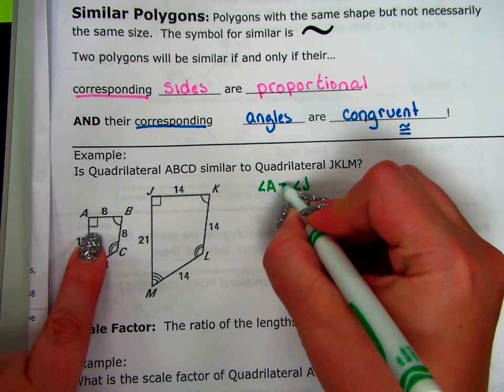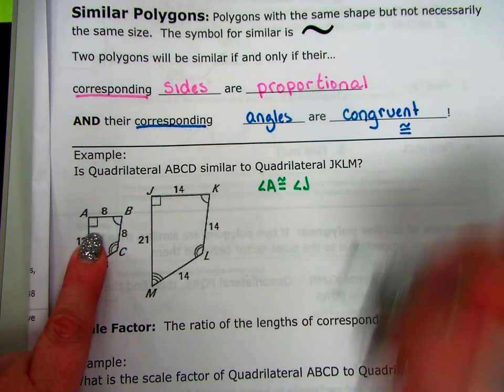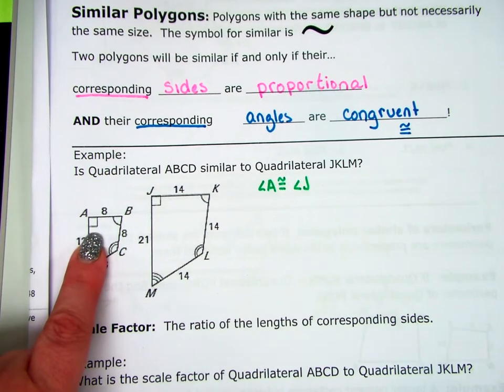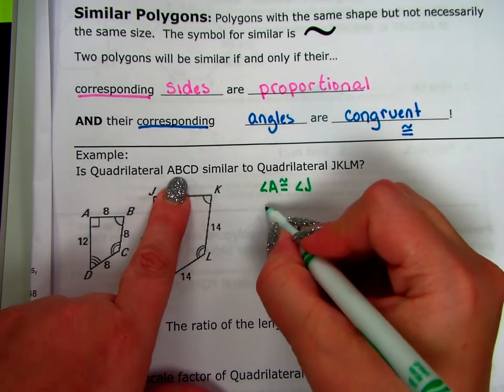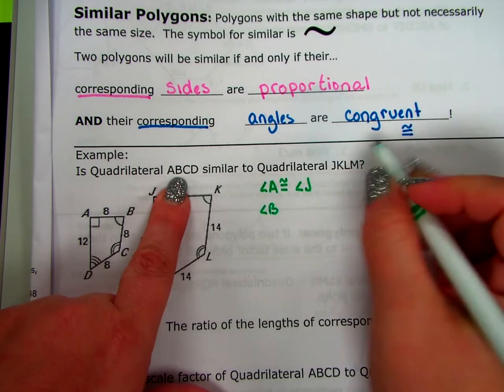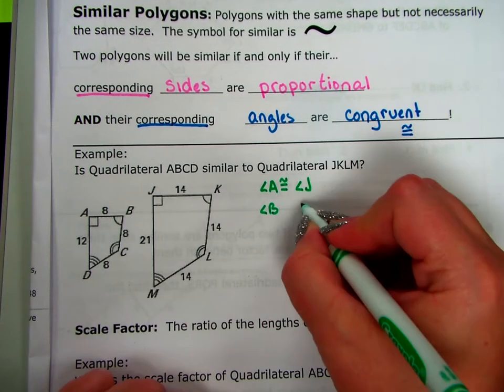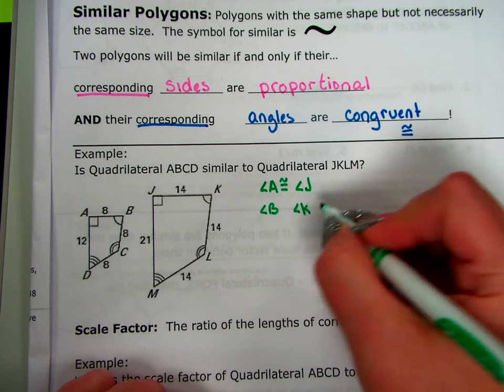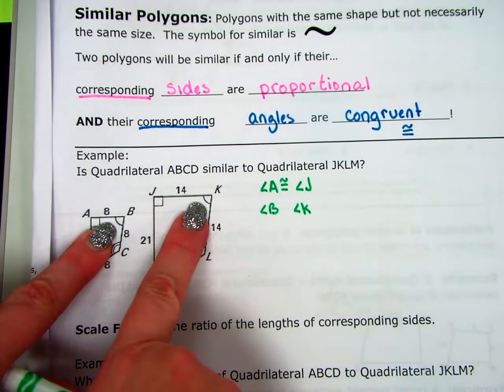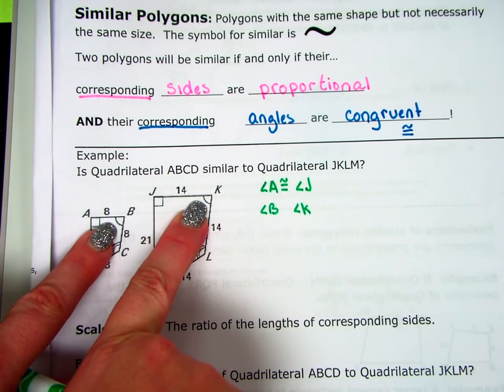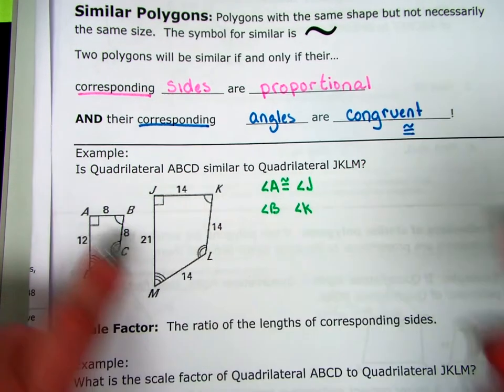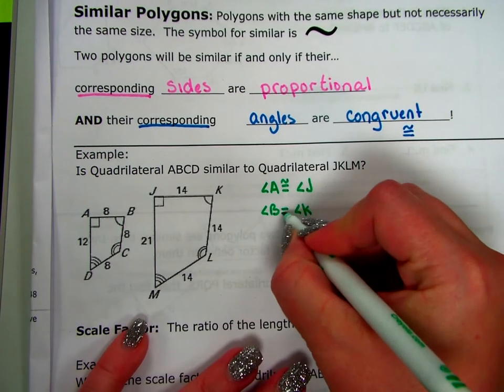So these are congruent. Okay? So then I look at my second letter. My second letter is angle B. It matches up with my second letter, angle K. When I look at B and K, are they the same? Yes, they both have a single arc on them, which means they're the same. They have matching arc marks.